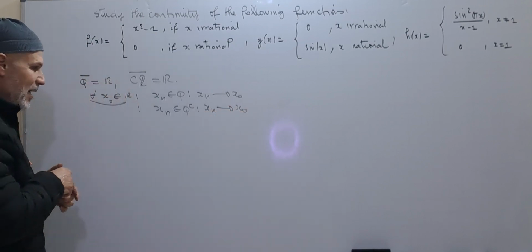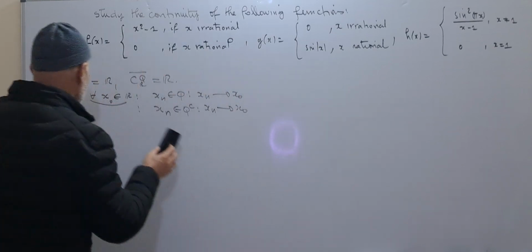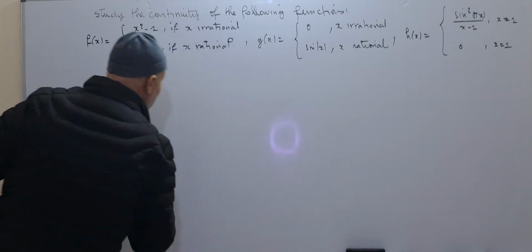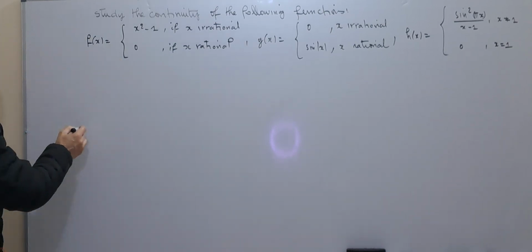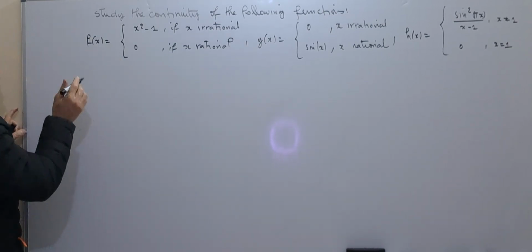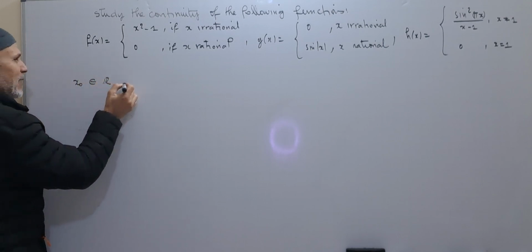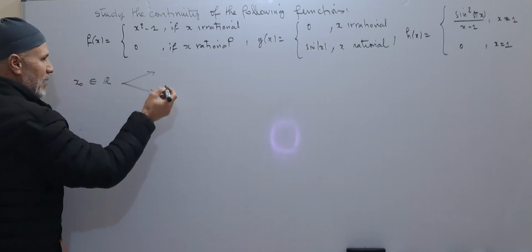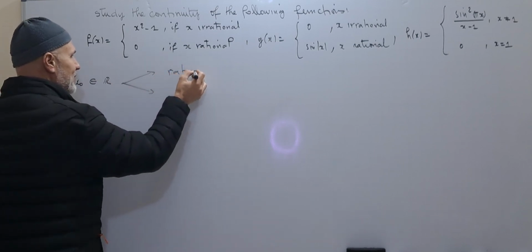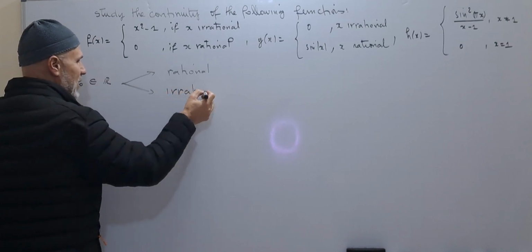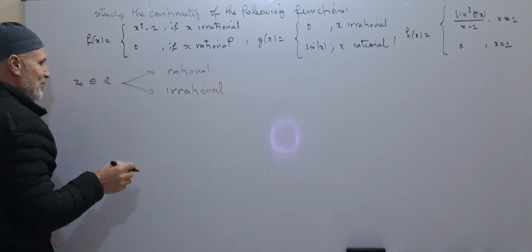This means that if we consider x0 an element from R, this element can be a rational number and it can be an irrational number.